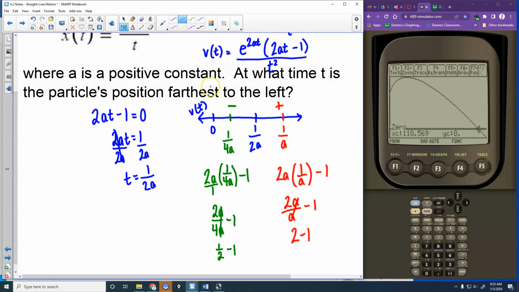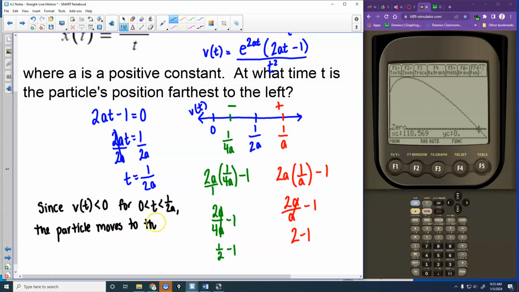So, this question asks us furthest to the left. That's going to happen at 1 over 2a. So we would have to say, since v of t is less than 0 for 0 less than t less than 1 over 2a, the particle moves to the left on this interval.